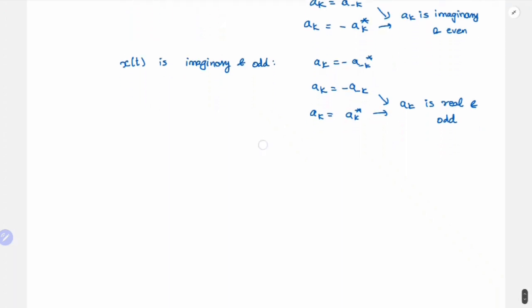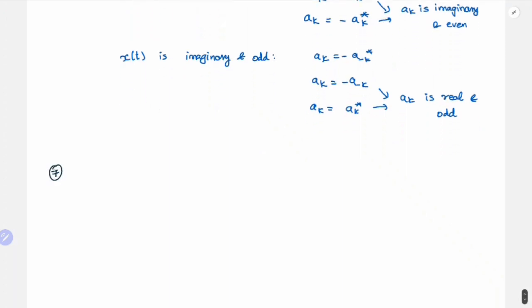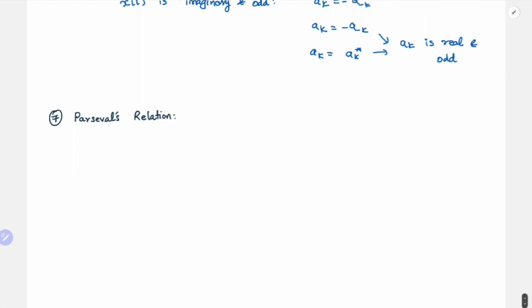So the next property is something known as the Parseval's relation. I will first state it and then explain about it, and then we'll go for the derivation. It is nothing but the energy of the signal x of t, or the power, right?